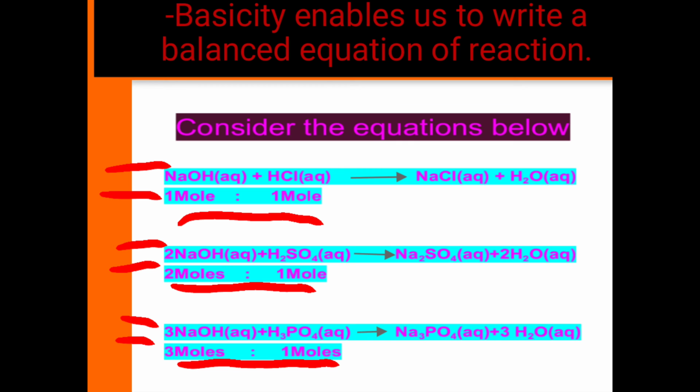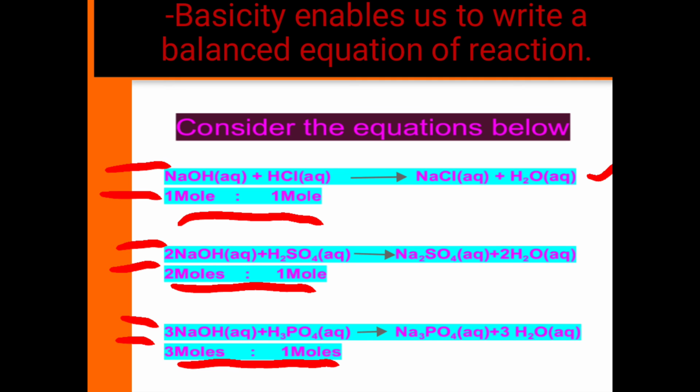Okay, let us move on to the other side of the equation, the products. For the first equation, we are forming sodium chloride. The balancing number here, I mean the valency, is 1. That of sodium is 1 and that of chlorine is 1. So the 1 on sodium in sodium chloride is representing the basicity of HCl, and you are seeing we are forming 1 mole of water.